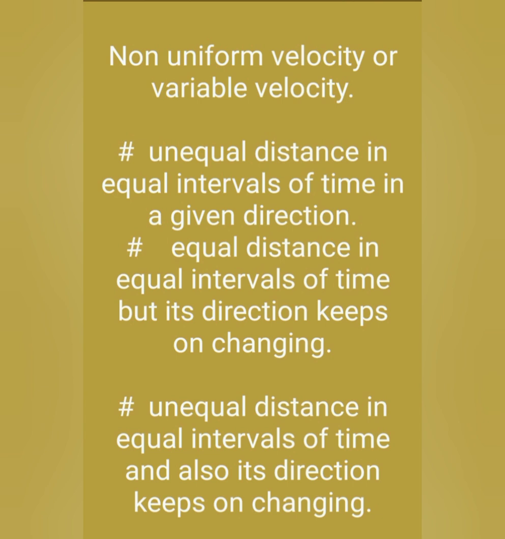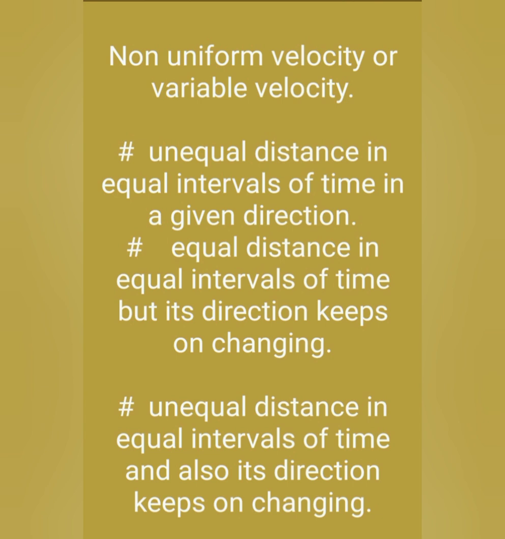Velocity depends upon three factors: distance, time and direction. So the first one, unequal distance in equal intervals of time in a given direction. Second one, equal distance in equal intervals of time but its direction keeps on changing. Third one, unequal distance in equal intervals of time and its direction also keeps on changing.